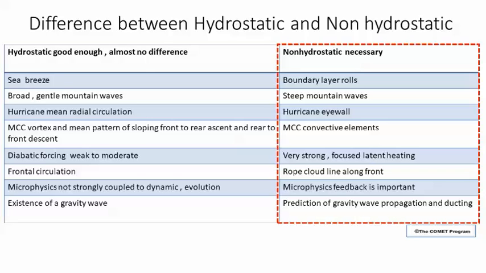But models run with a grid spacing of a few kilometers or finer need to be non-hydrostatic, for example for boundary layer rolls, MCC convective elements, and so on. Such high-resolution models characteristically predict details, mesoscale structure, and associated forecast impacts on surrounding areas.